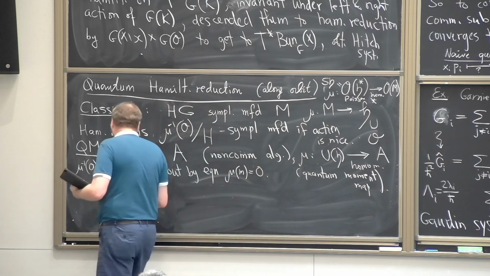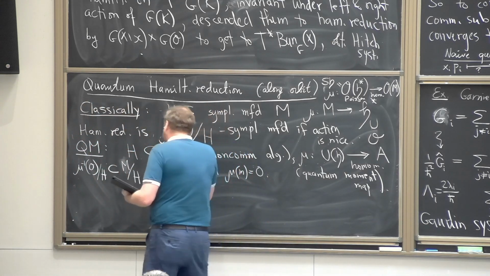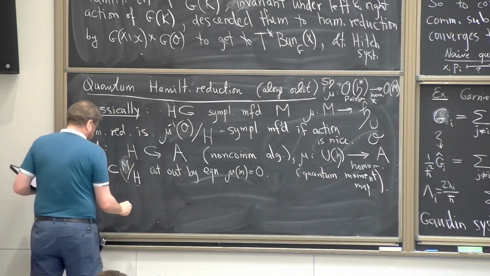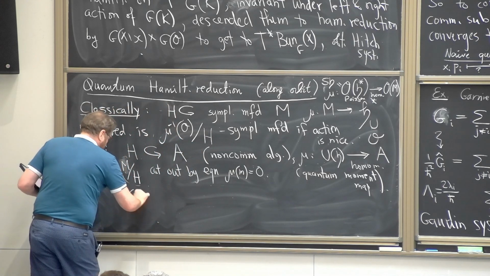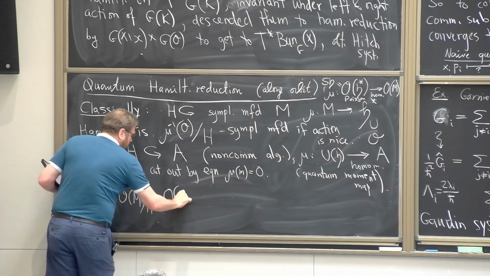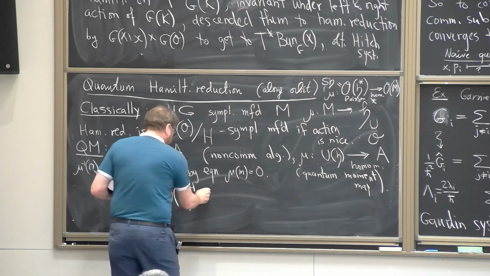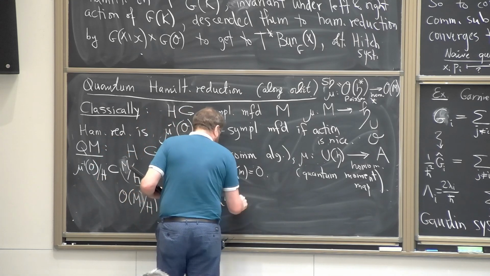This equation makes perfect sense because it is H invariant. And so this thing we can quantize because functions on M over H is just invariant functions under H on M, which is a Poisson subalgebra of O of M.